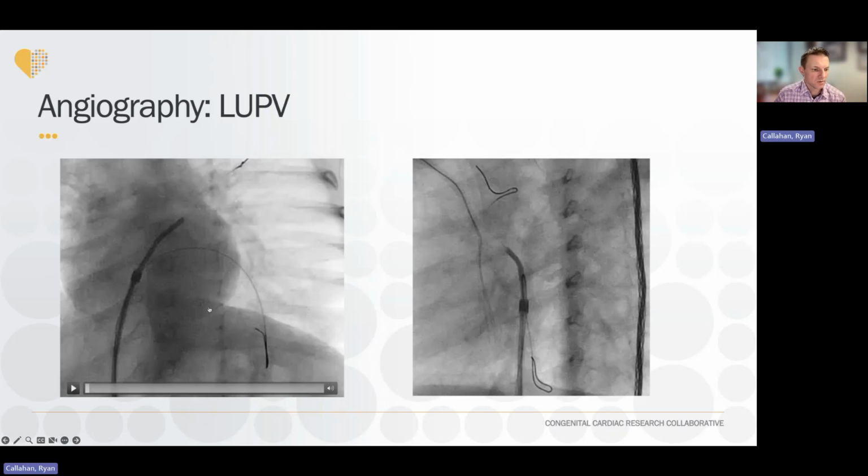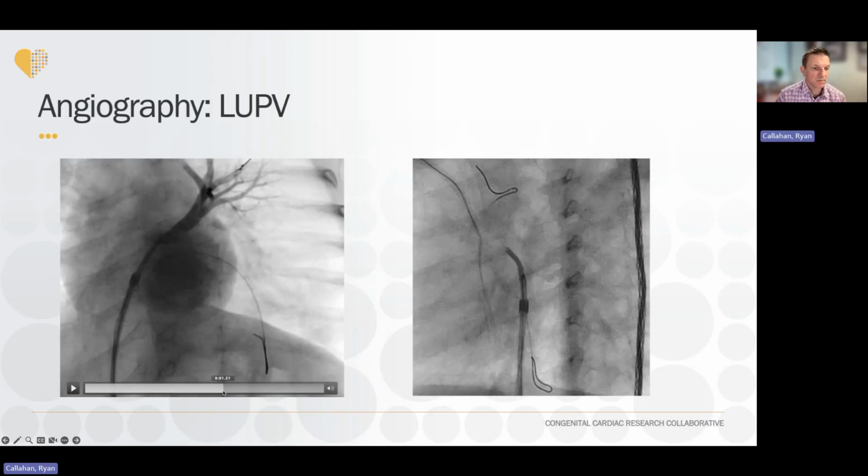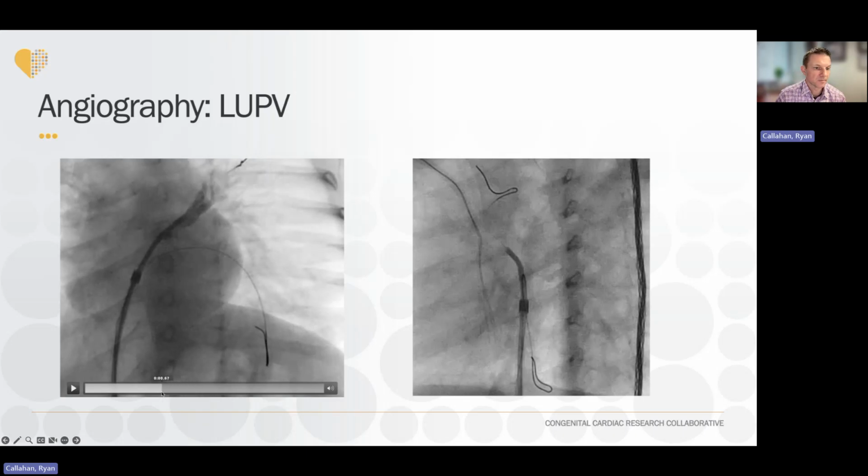Okay, this is also the left upper pulmonary vein. And here's just a sample of, sometimes you do need two views, both the A camera and the B camera, AP or lateral.